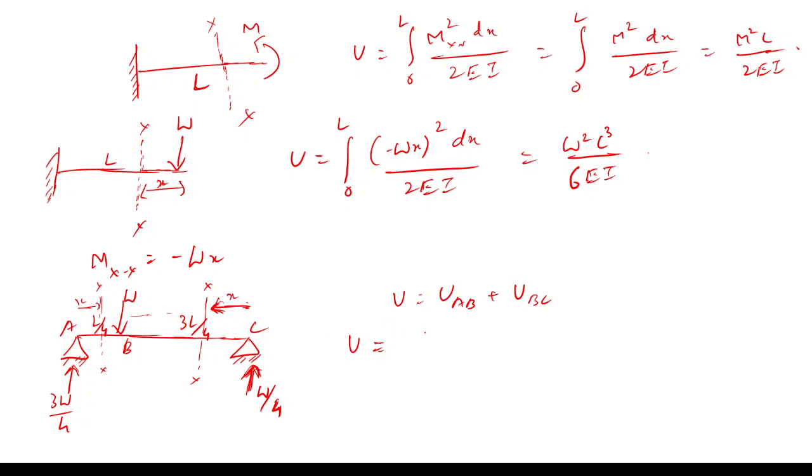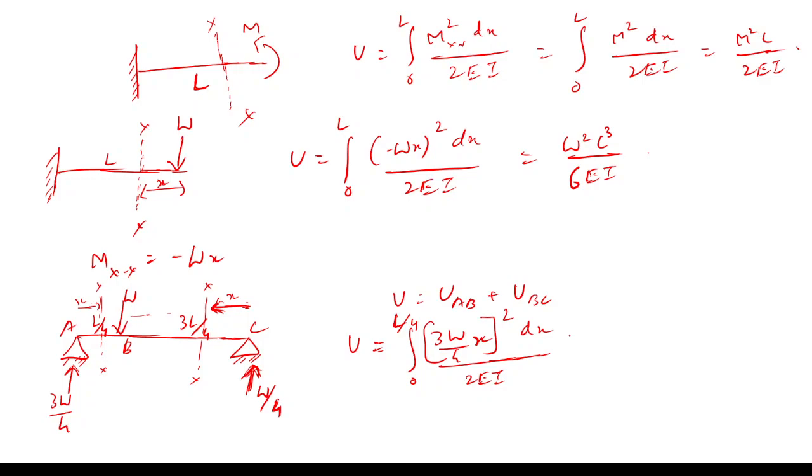So for AB, can you say what is the moment equation for the part AB? 3W by 4 into x. Yeah, into x, because left hand side clockwise direction, so it is positive. This is the bending moment equation into the whole square dx divided by 2EI, and the integration is from 0 to L by 4.